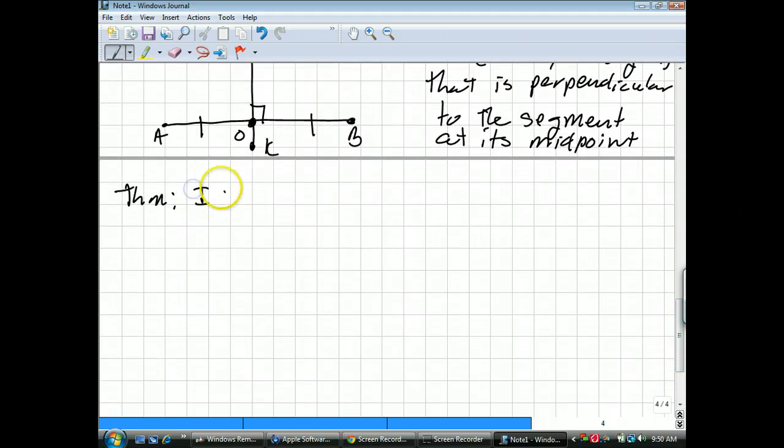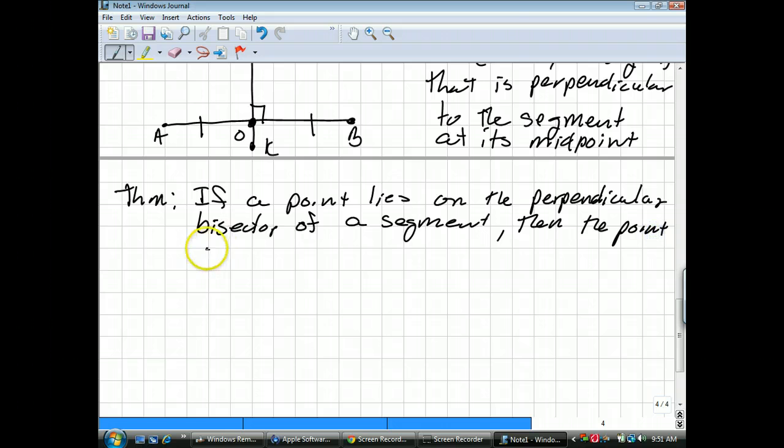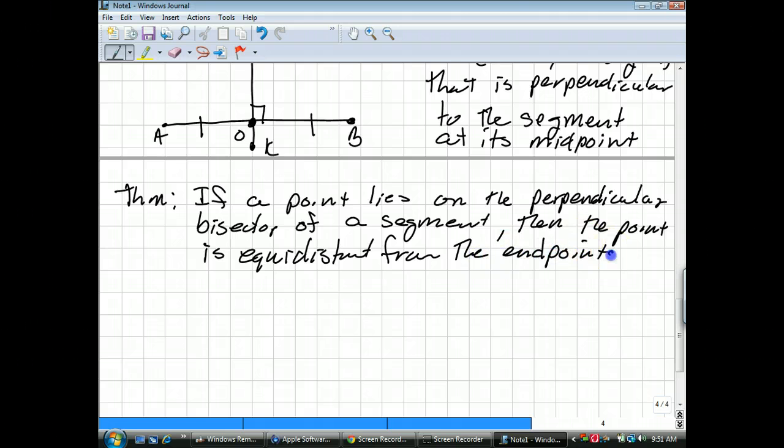And it says, the first one says, if a point lies on the perpendicular bisector of a segment, then the point is equidistant from the endpoints of the segment.